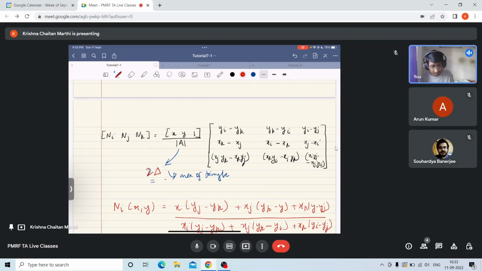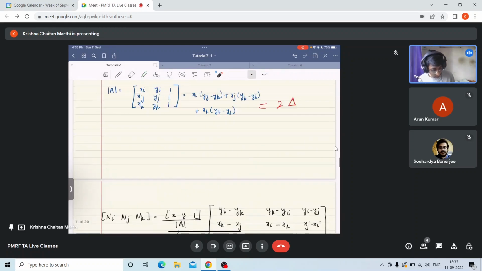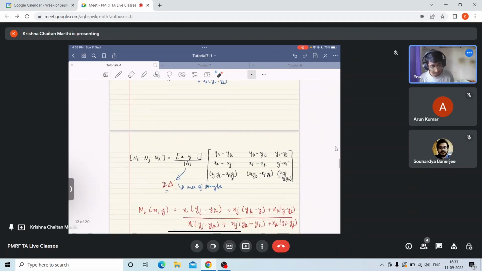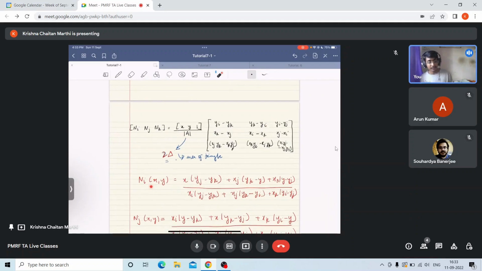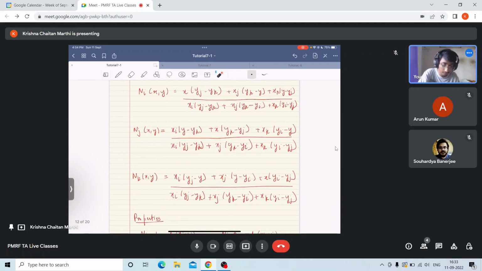How did I get this? It is basically these cofactors. So I get my Ni, Nj and Nk, which are functions of x comma y. For 1D problems they were functions of x only, but for 2D problems they are functions of x and y. This is x times (yj minus yk) plus xj times (yk minus y) plus xk times (y minus yj), divided by this term.